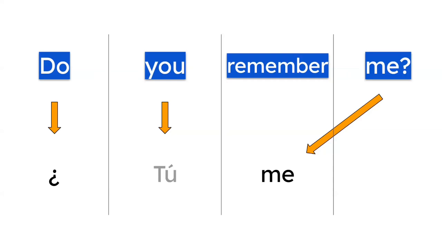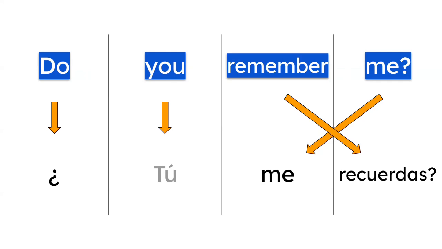And this is an irregular verb which has a change in O. The vowel O. Recordar, O goes to UE, which would be recuerdas. Recuerdas.